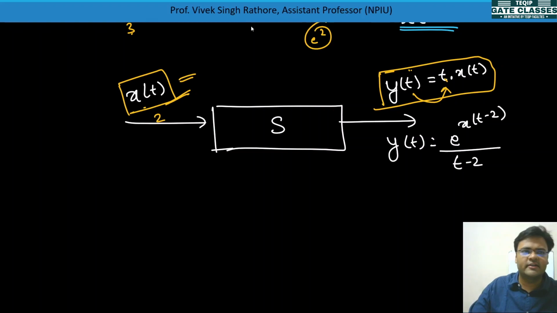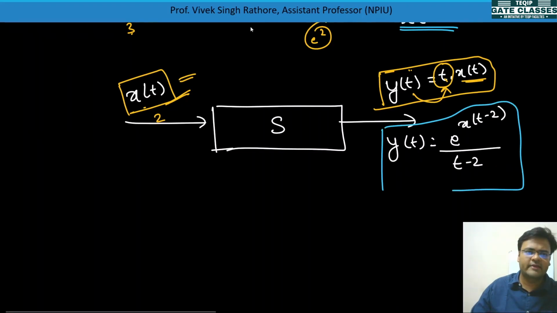Now you can understand that if y(t) is directly proportional to only x(t), then it is a stable system, no problem. But if something is multiplied in it, especially t values, then you can say it is an unbounded signal. See, this is also y(t) is equal to e to the power x(t) minus 2.